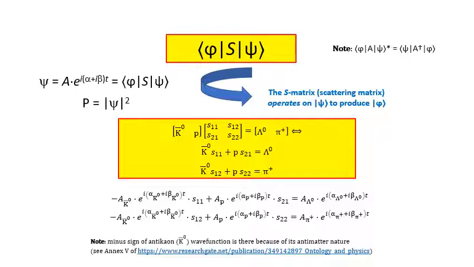So I replace K-bar 0 by a wave function, the amplitude of the K-bar 0 particle, times the complex wave function with an alpha and a beta parameter, which is specific to the K-bar 0, and then multiplied by S11 and the other coefficient there.